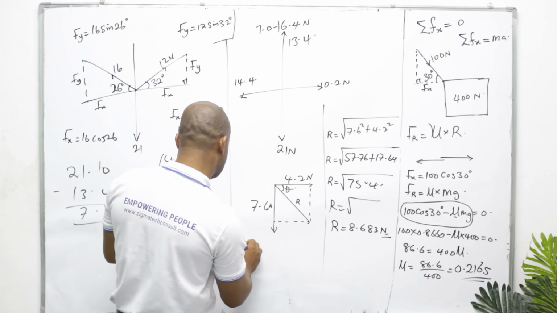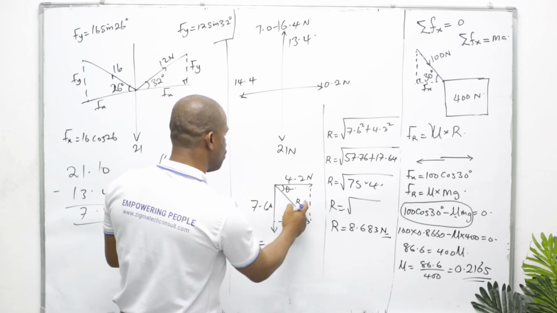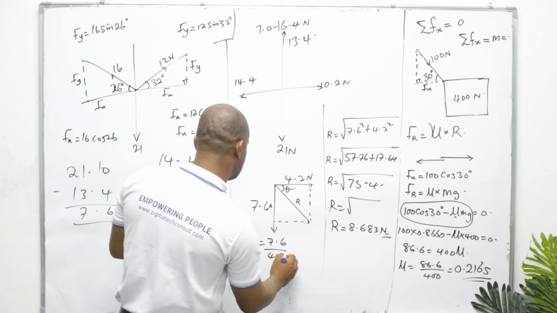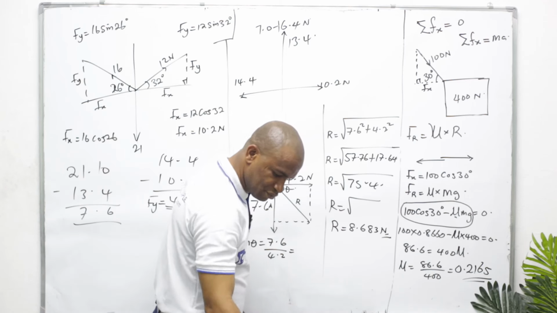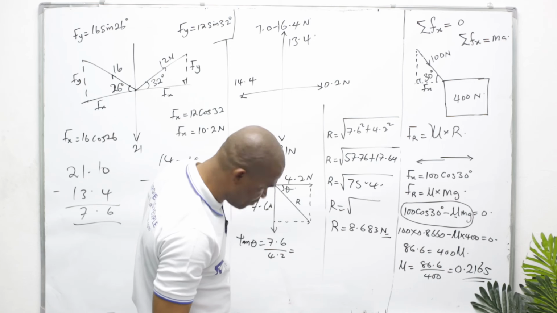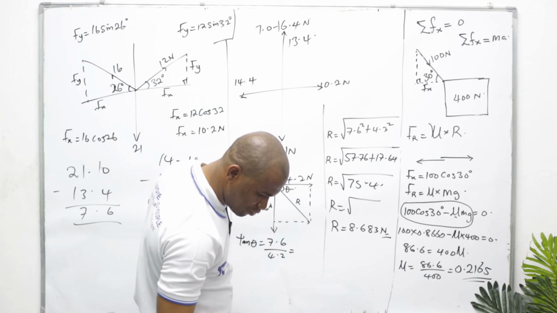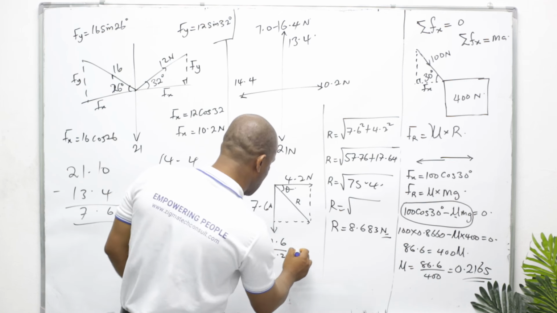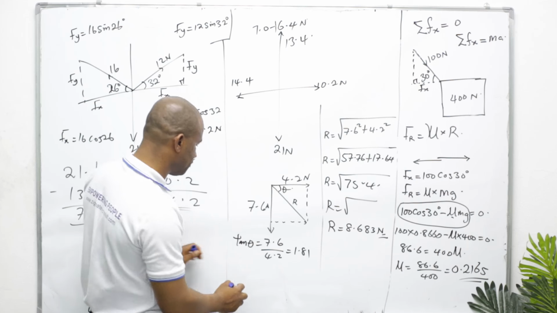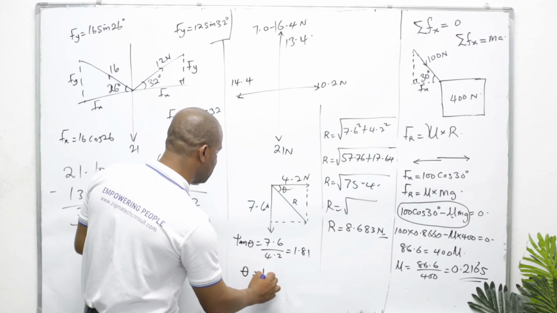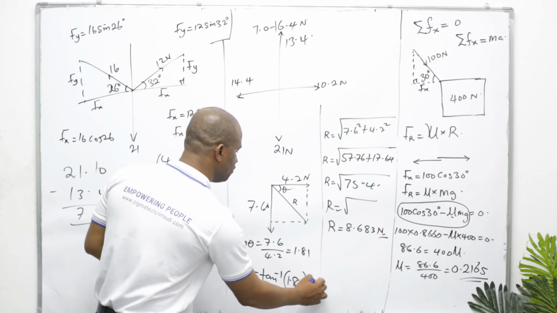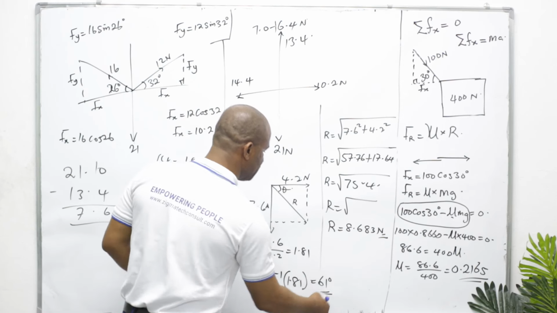So tan theta is going to be opposite, which is 7.6, all over 4.2. So 7.6 divided by 4.2 is 1.81. Theta is going to be tan inverse of 1.81, which is 61 degrees.